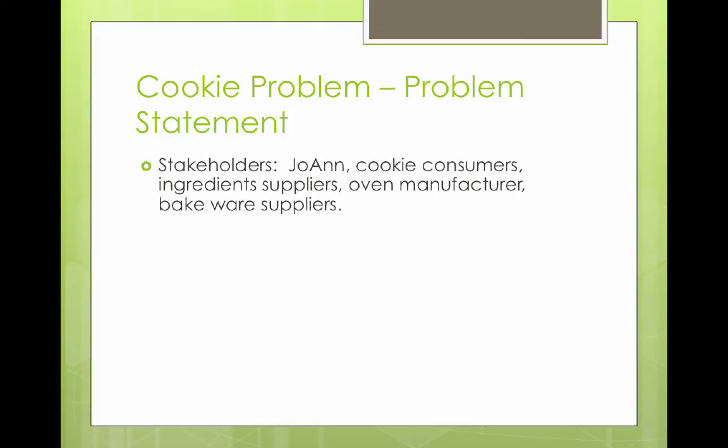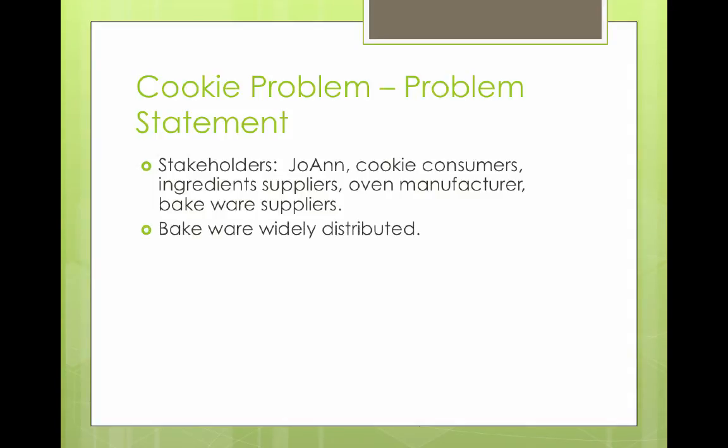So I've done some research, and I've interviewed stakeholders in this problem. The stakeholders are Joanne, who's going to be making the cookies, anybody who might be eating the cookies, anybody who would be supplying ingredients to Joanne, maybe her oven manufacturer or the suppliers of the equipment that she uses to bake with.